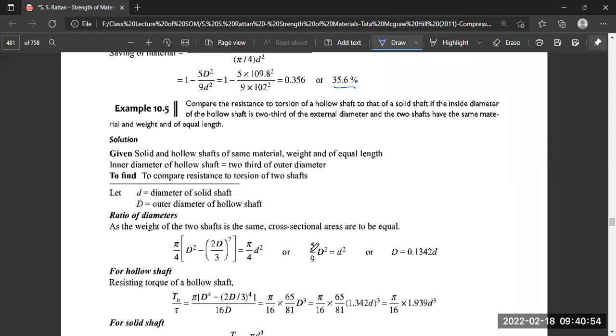So the relation between the outside diameter of the hollow shaft and the diameter of the solid shaft is D = 1.342d.